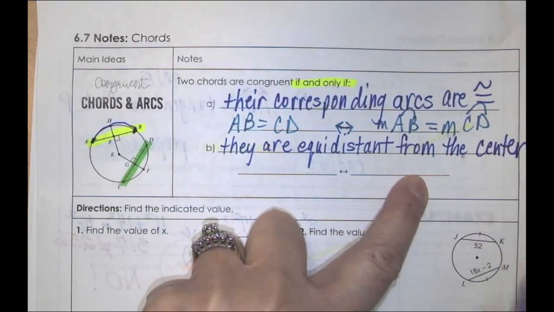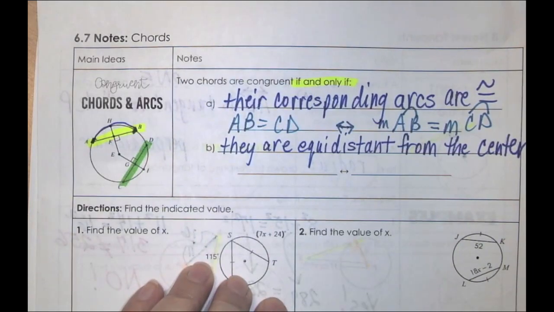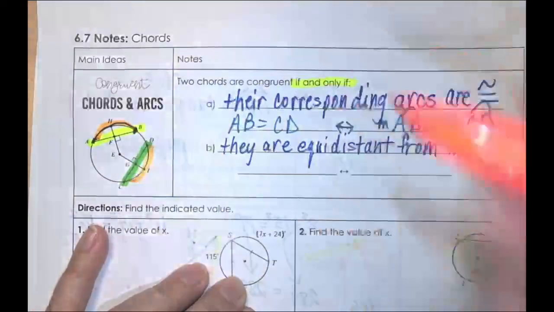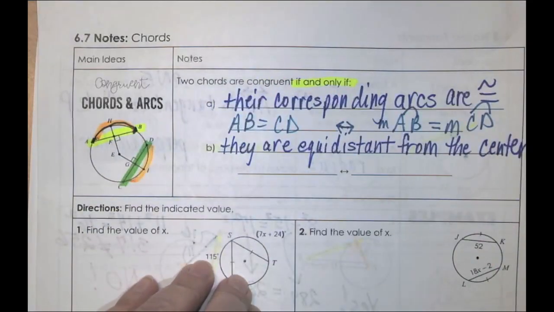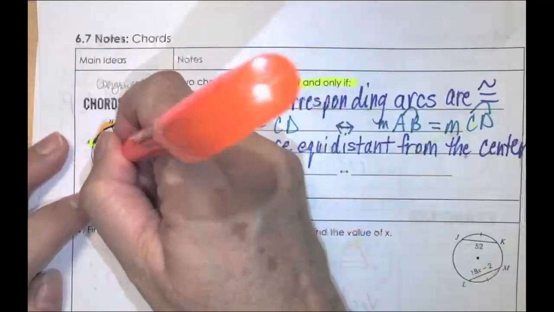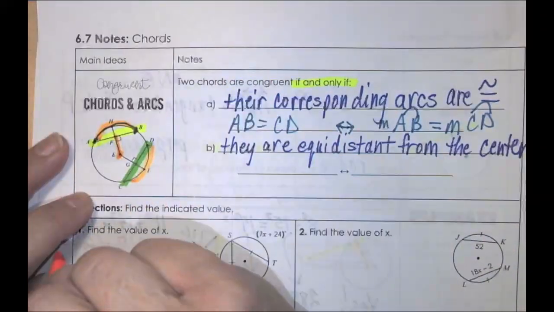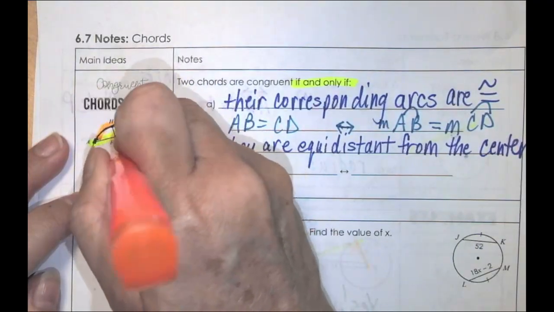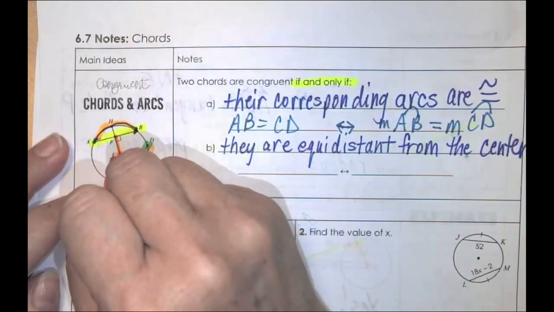So let's look at that. Okay, here are the arcs that they cut off, and then here's the center. So this distance from the center to chord AB is going to be equal to this distance from the center to chord CD.